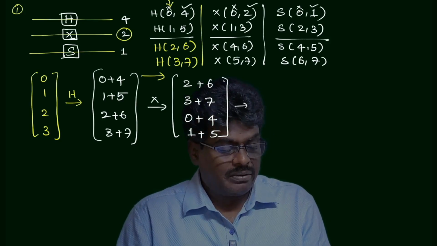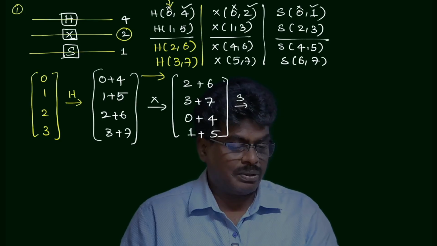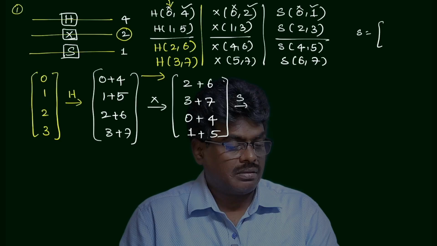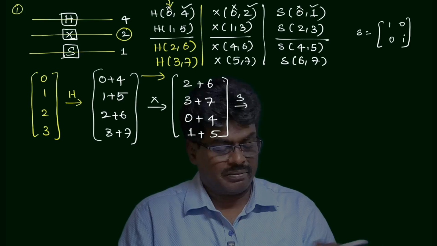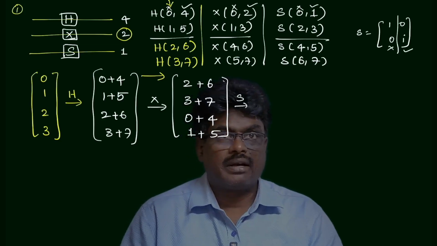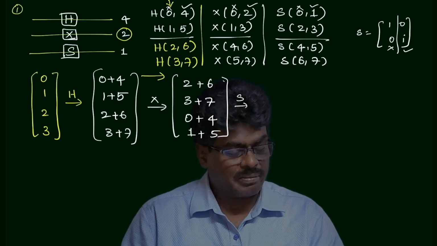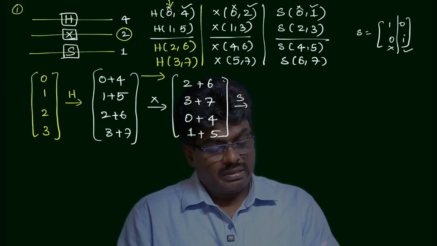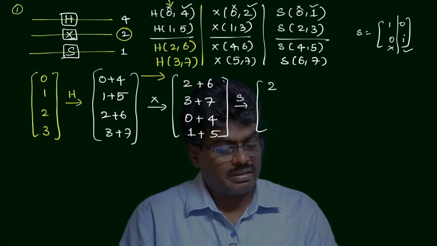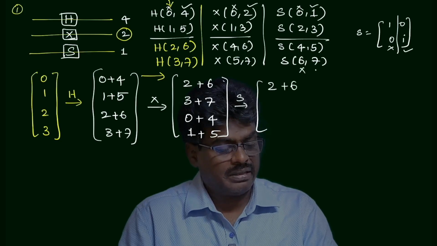Next we have this S. I hope you remember what this S operator is, 1 0 0 i. The first column is off and the second column is on. So here 2 is in off state, that's why no change. 6 is also in off state, no change.